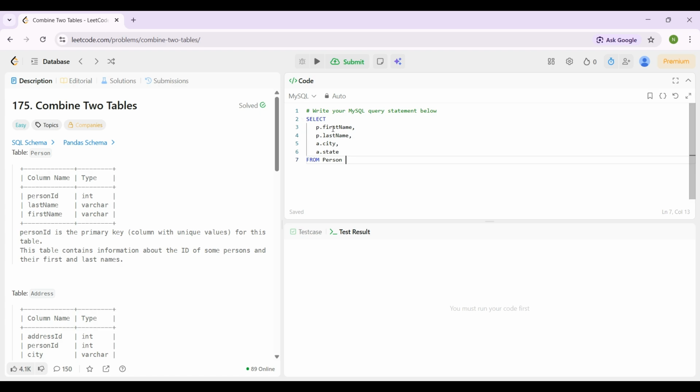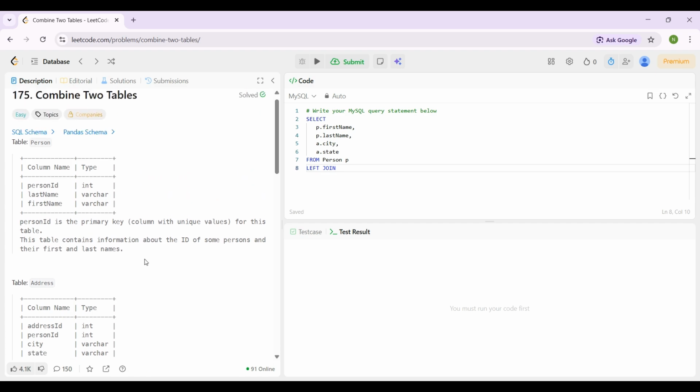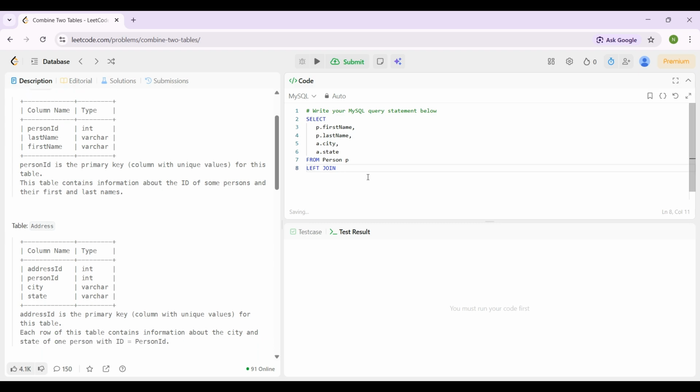But instead of writing that, we had named the table as P, like this P. So we had used P here. Left join. In the explanation why we had used left join, I had explained that. So left join. Here, this is the left table. From this, we will get all the values.